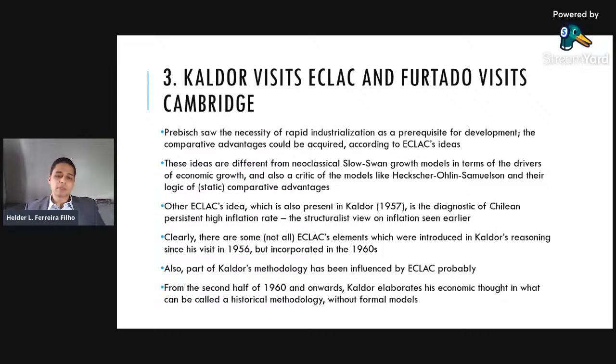Also, part of Calder's methodology has probably been influenced by ECLAC as well. From the second half of the 1960s and onwards, Calder elaborates his economic thought in what we call a historical methodology, without the formal models that he used before.